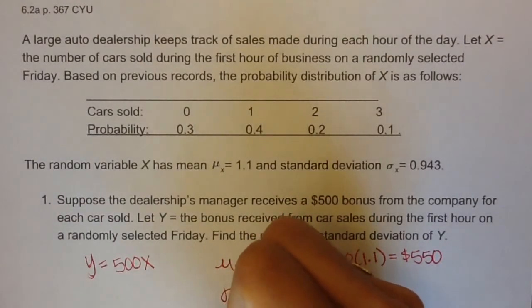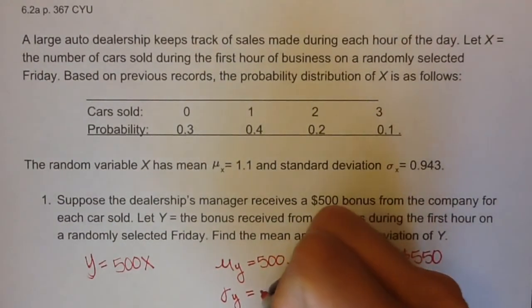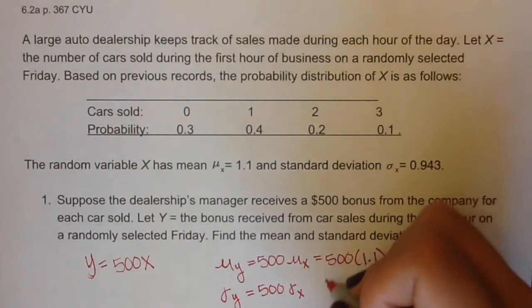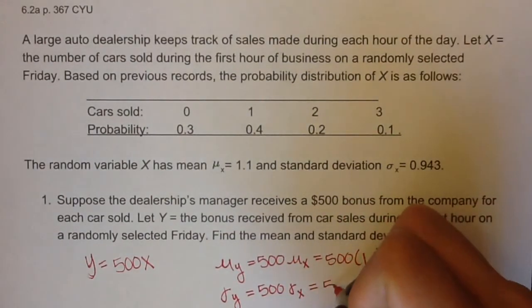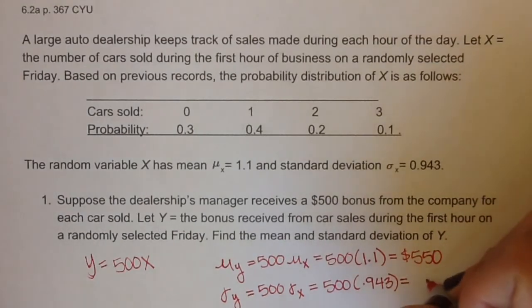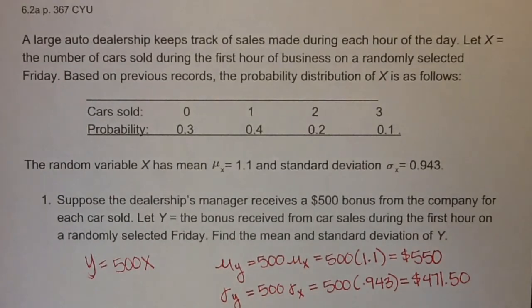Sigma of Y is going to be just like we did for the mean: 500 times the measure of spread, our standard deviation of X. So that's 500 times 0.943, and that gives us $471.50. And pay attention to that last bullet point. Multiplying by a positive number will not change the shape of the distribution. The shape is still going to look the same.